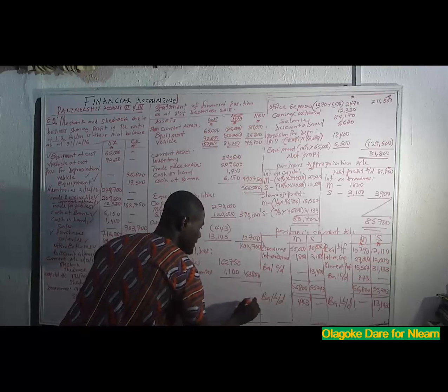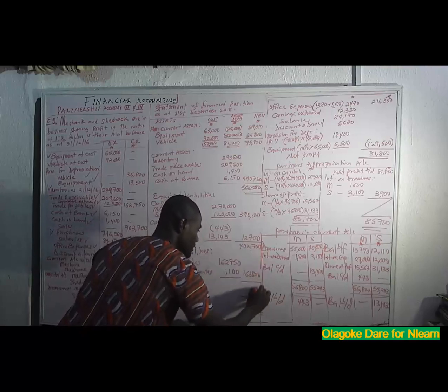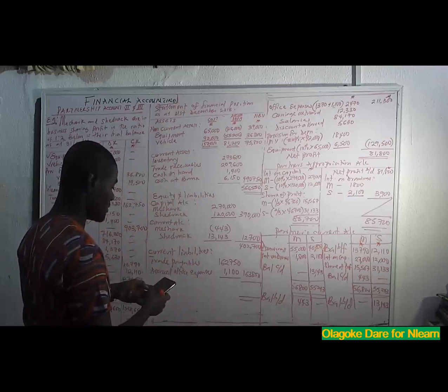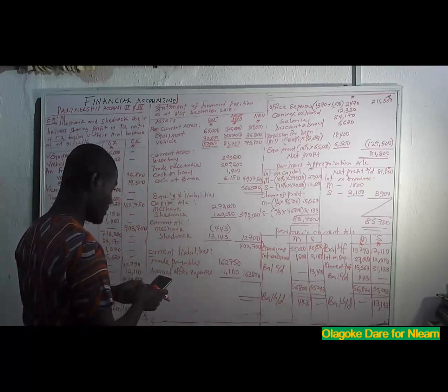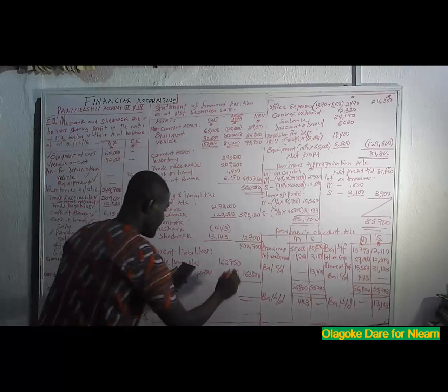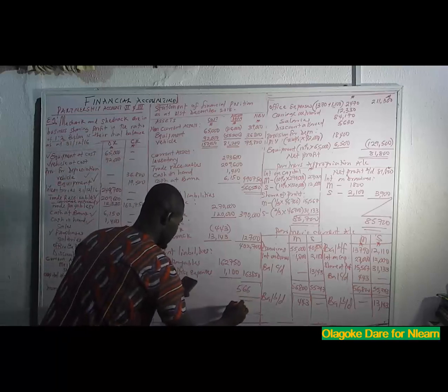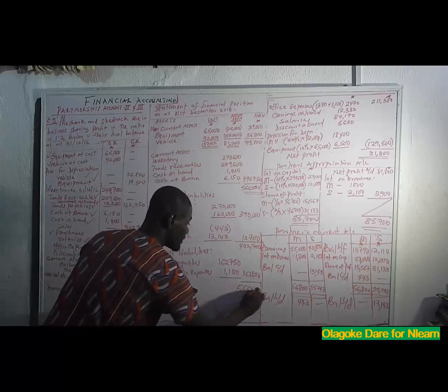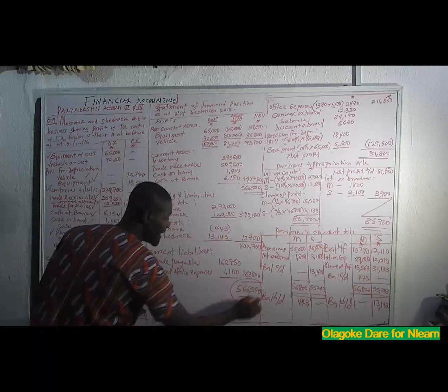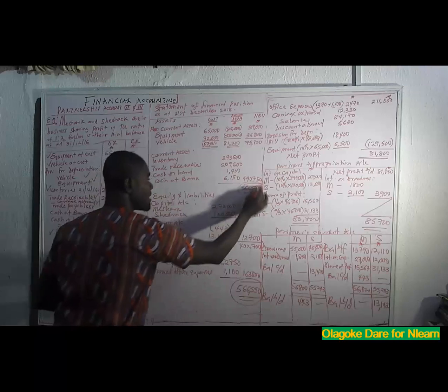Adding it to the equity, we have 566,550. You can see that this value here is equal to the value here.